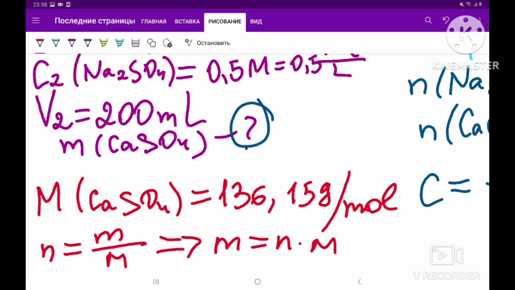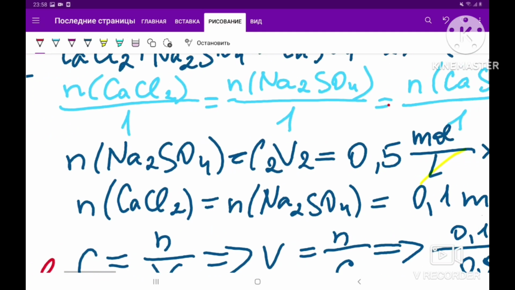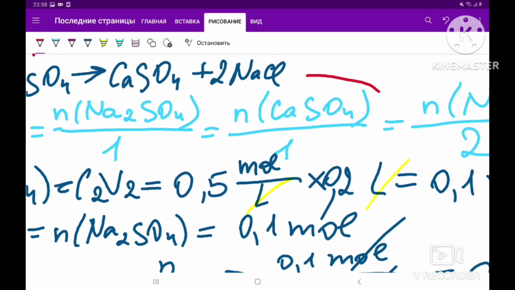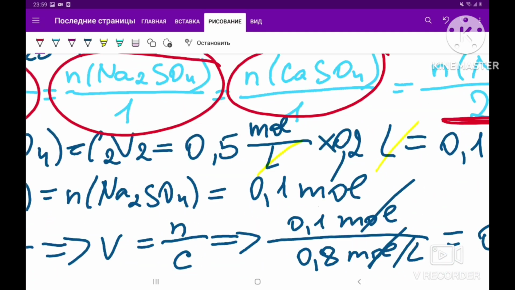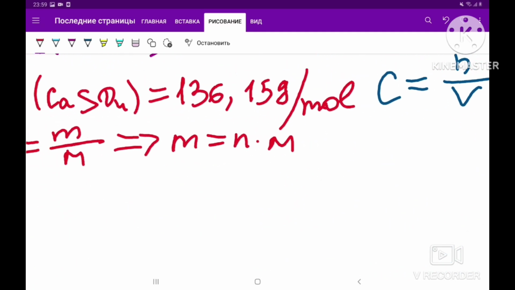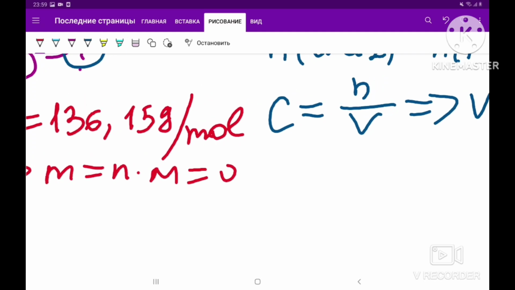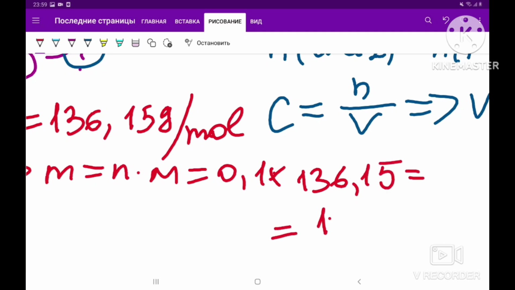Let's see the number of moles of calcium sulfate. The number of moles of calcium sulfate is also 0.1. They all are equal. So it will be 0.1 multiplied by the molar mass, 136.15. The answer will be 13.62 grams.